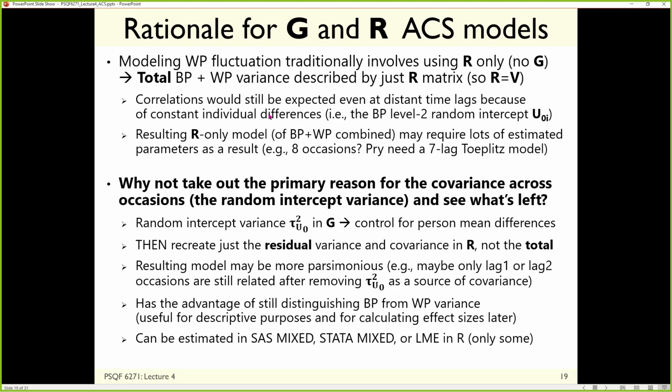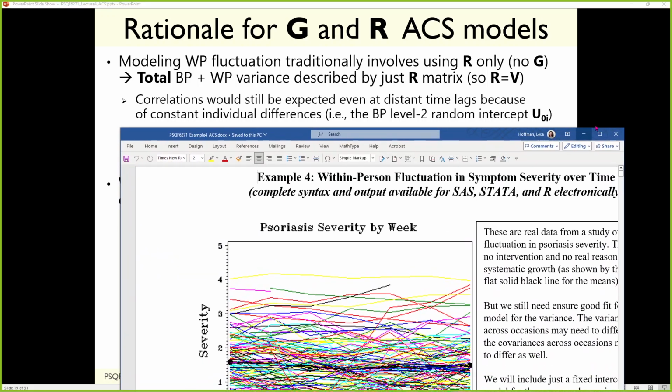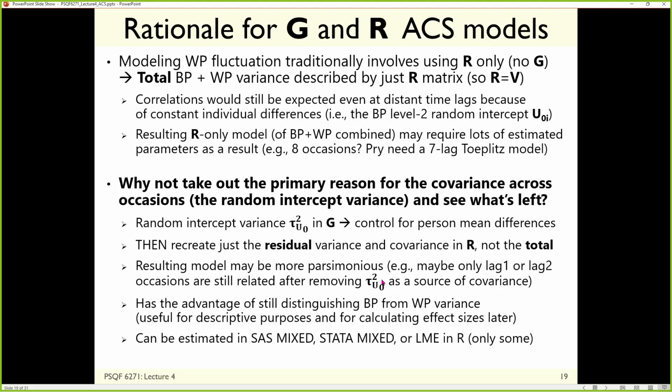That's where they don't necessarily structure it into level 1 versus level 2. Compound symmetry is the only one that does. But they try to just build in patterns of correlation. So autoregressive is one, Toeplitz is one, moving average is another one that's been discussed in class, although I didn't include that in these materials. For the remainder of the semester, though, we're not going to have that approach. We're going to do this G and R combination approach.